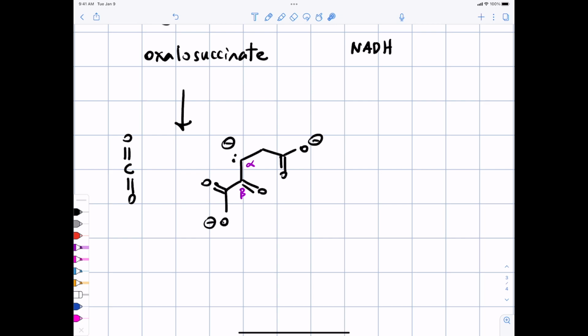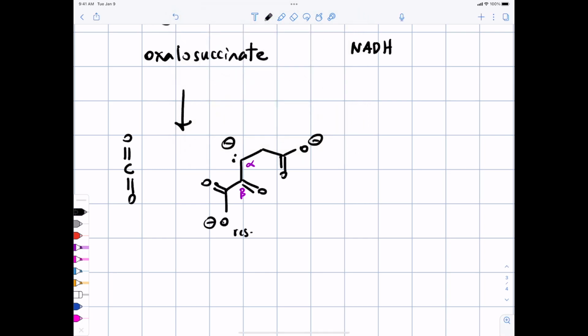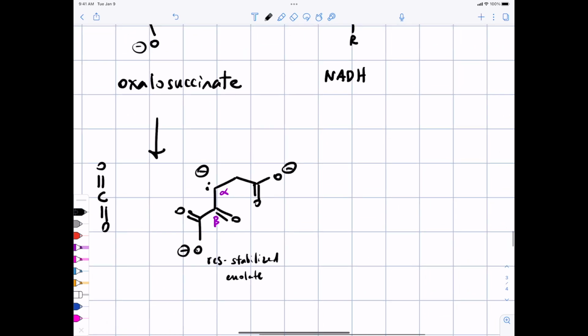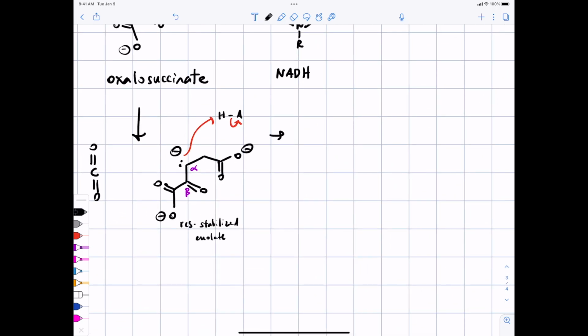I won't draw the resonance structure, but you can see that this is a resonance stabilized enolate. Which can then pick up a proton from some source, probably the enzyme. And we've lost one CO2. What we're left with now is a 5-carbon molecule, 1, 2, 3, 4, 5.